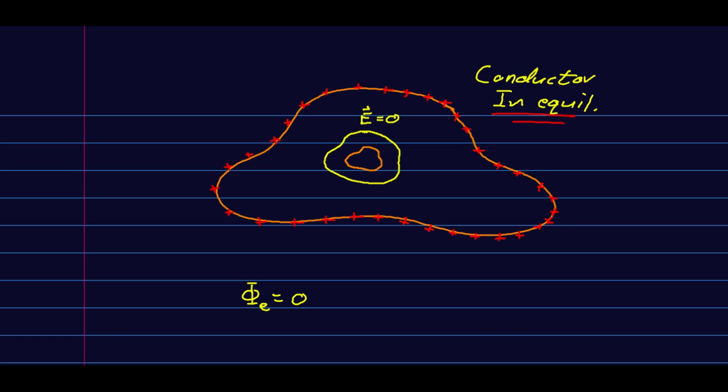But now let's play an additional trick. Let's say that there is a positive charge Q trapped inside our bubble. I don't know, there's some little piece of insulator stuck in there and it's got a charge on it.